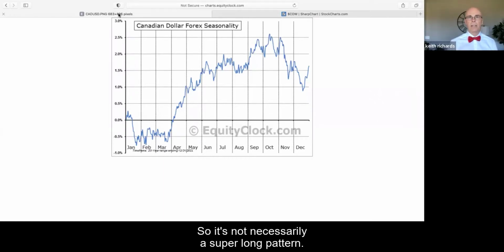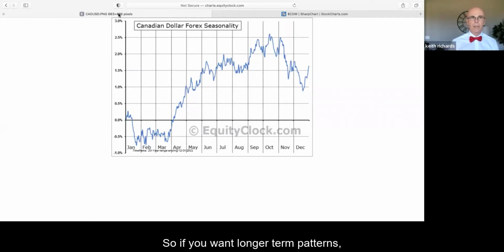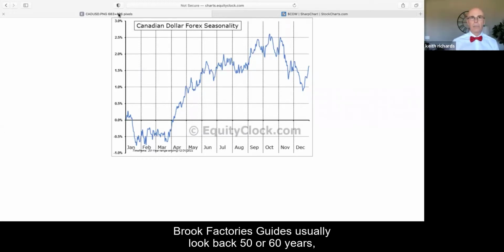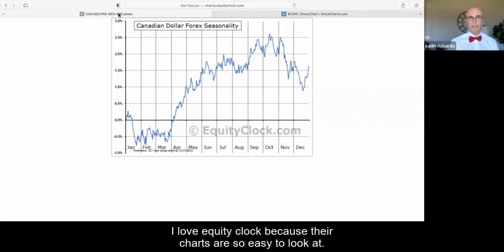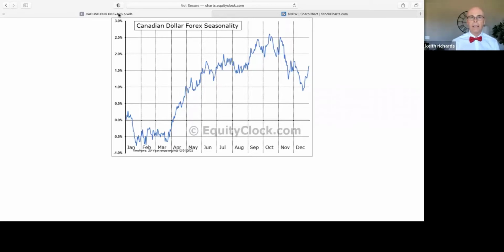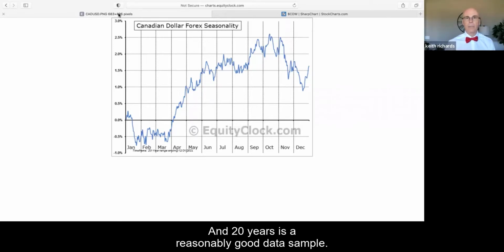So it's not necessarily a super long pattern. If you want longer term patterns, Brooke Thackeray's guides usually look back 50 or 60 years, but generally speaking, I love Equity Clock because their charts are so easy to look at, and 20 years is a reasonably good data sample.